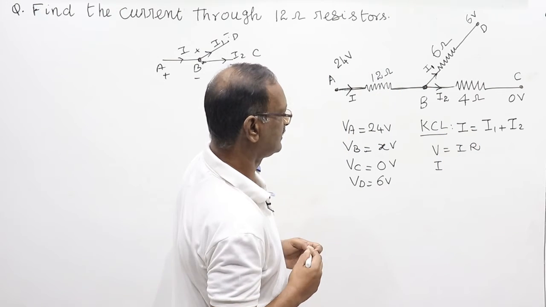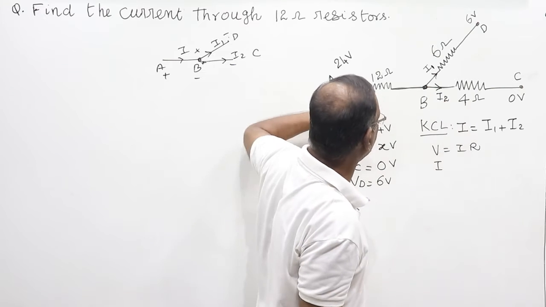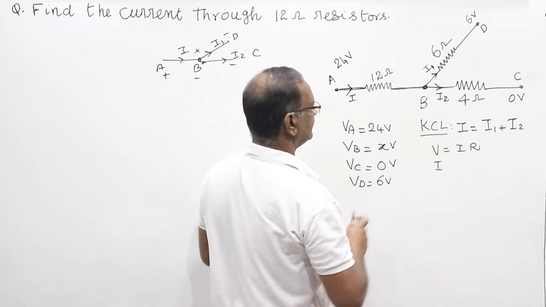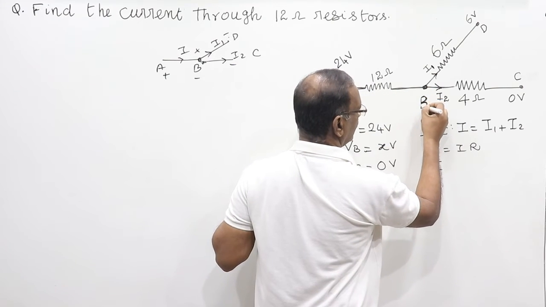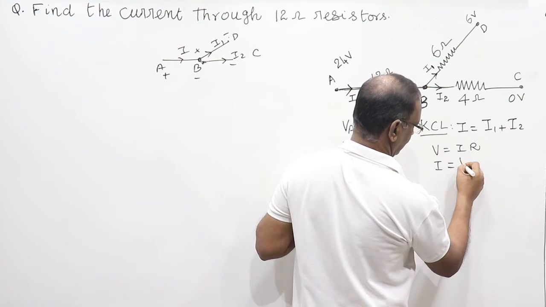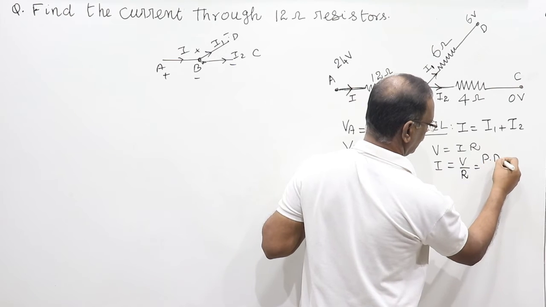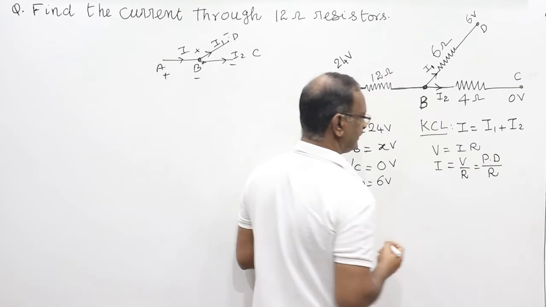What does Kirchhoff current law say? The current entering this junction is equal to the current leaving the junction, or I is equal to V by R. It means potential drop divided by resistance.